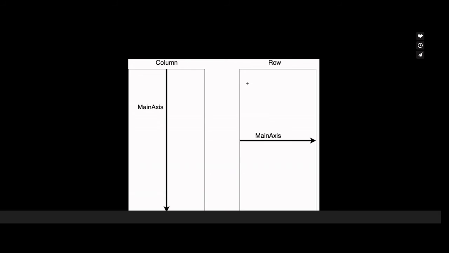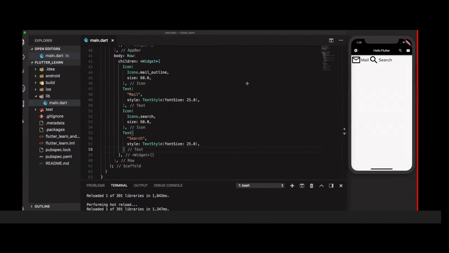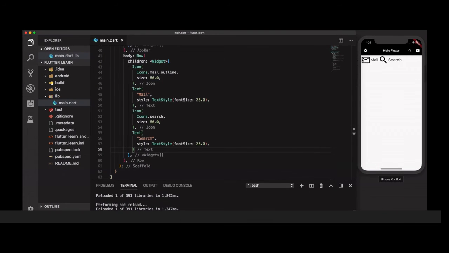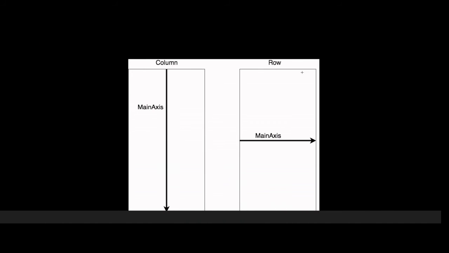So to understand, the main axis alignment for a row is left to right, and the main axis alignment for a column is from top to bottom, based on their concept.